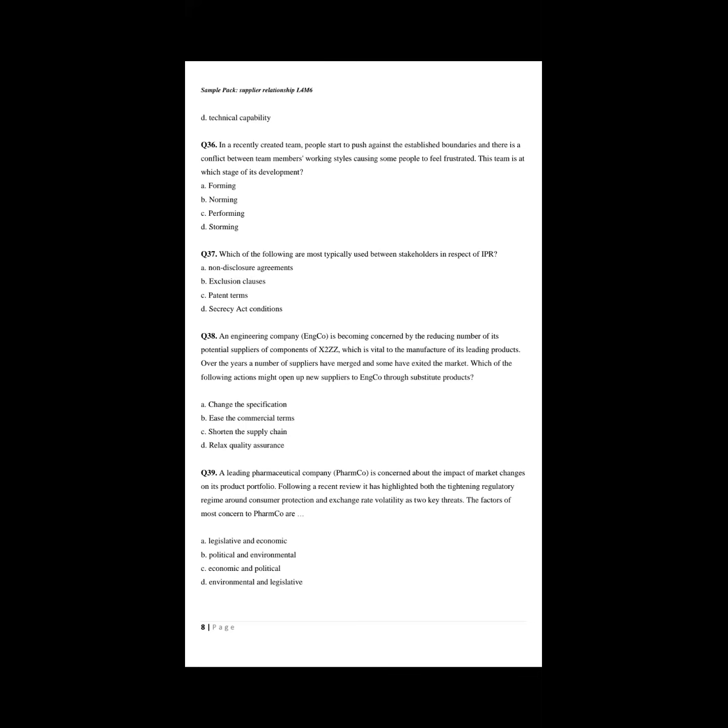Change specification. If you want to encourage more suppliers, you can change the specification. Once you change the specification, you get a lot of other suppliers.